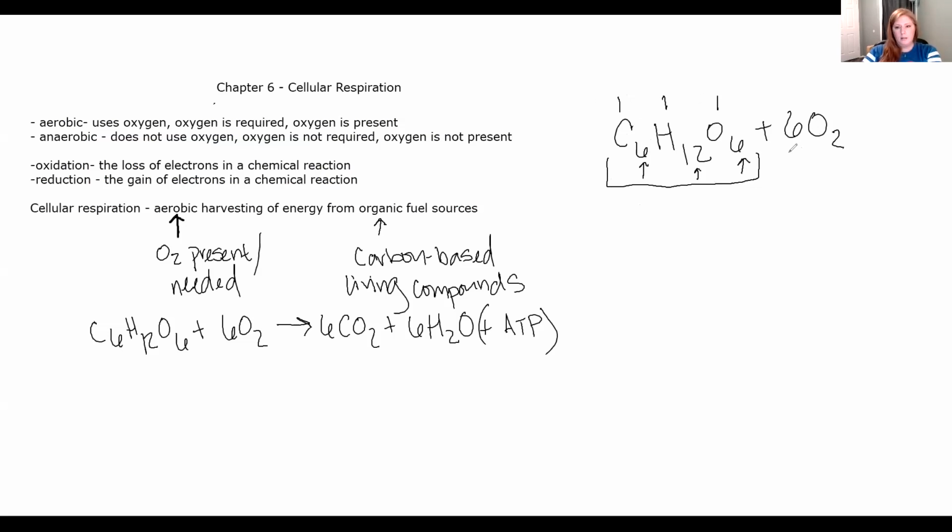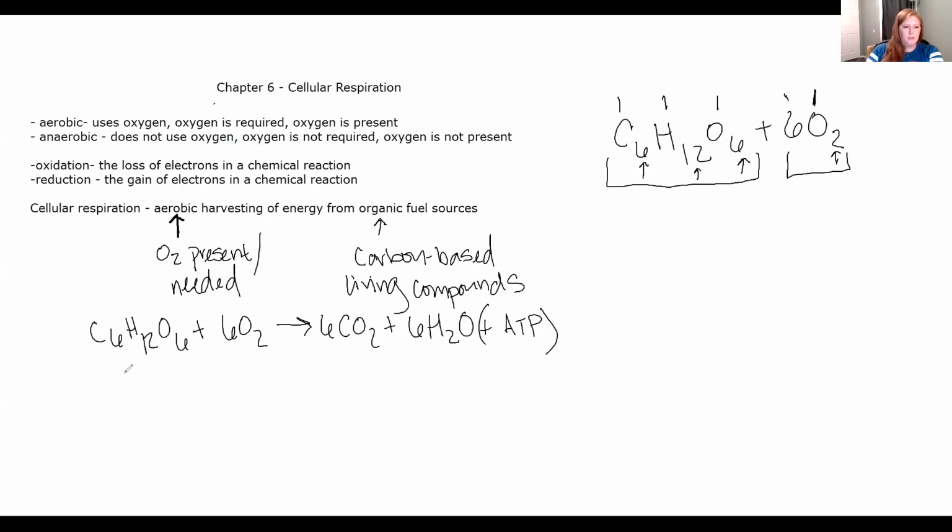Over here, we have both a prefix, I guess, if you will, and a subscript. We know that this has oxygen in it, and there are 2 atoms of oxygen in each molecule. How many of those do we have total? There are 6. So there's 6 groups of 2 oxygens each.